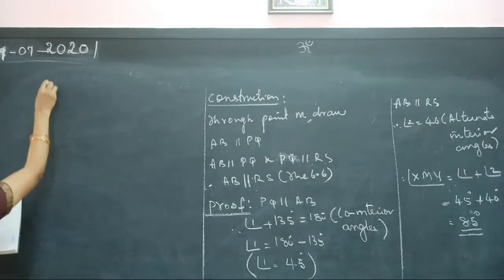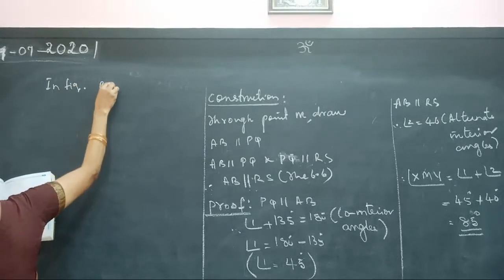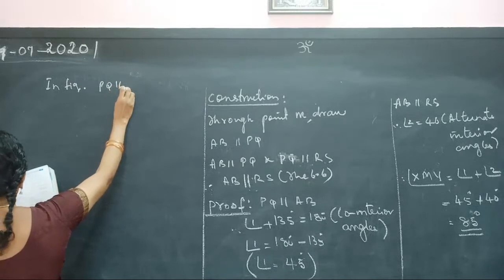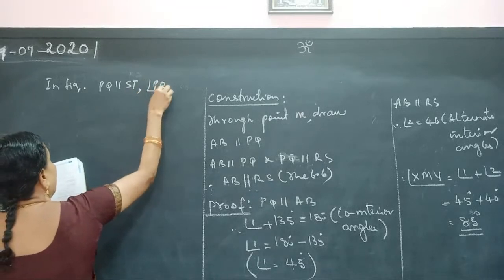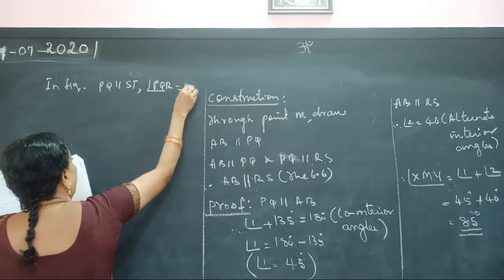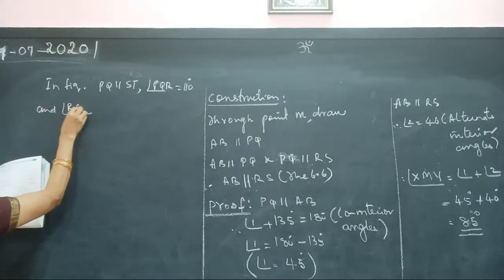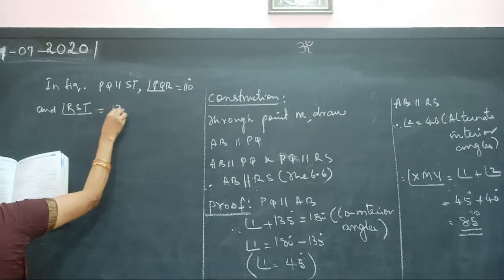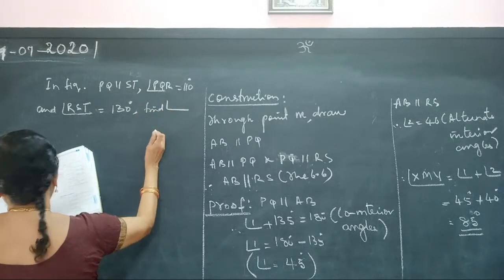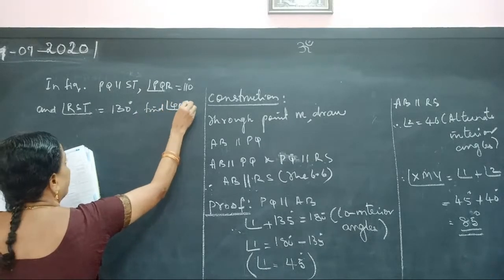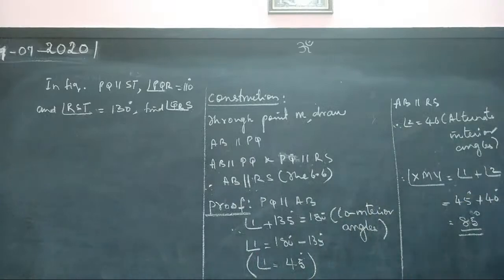In figure, PQ is parallel to ST. Angle PQR equals 110 degree and angle RST equals 130 degree. Find angle QRS. Take the figure.